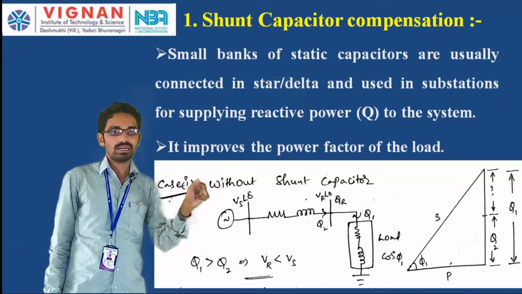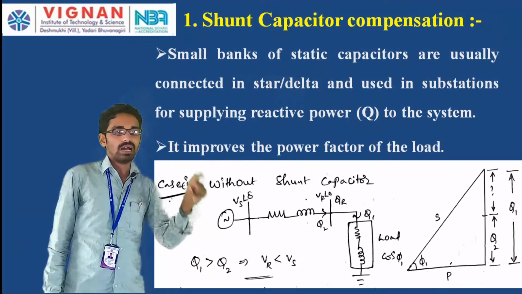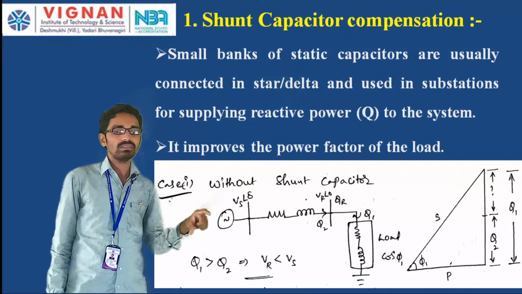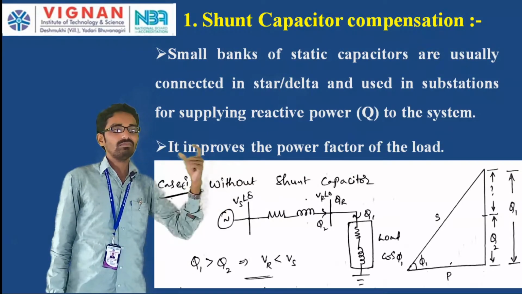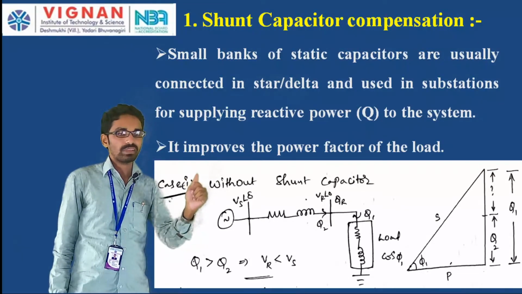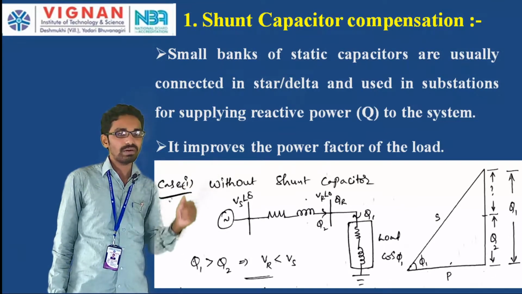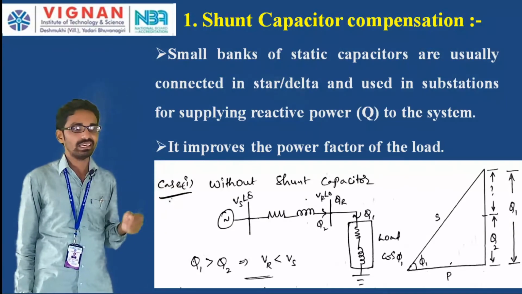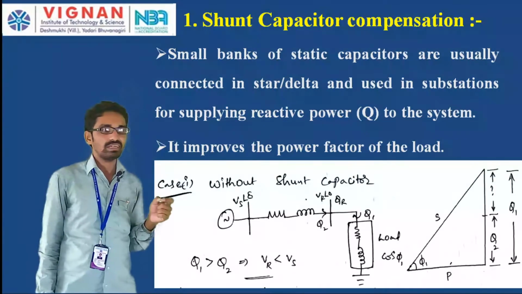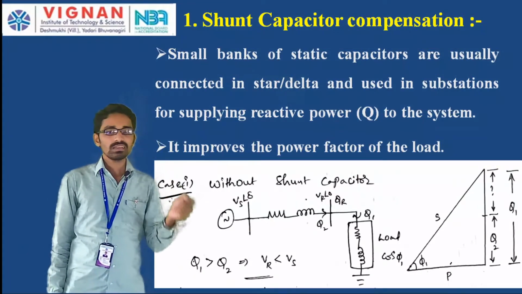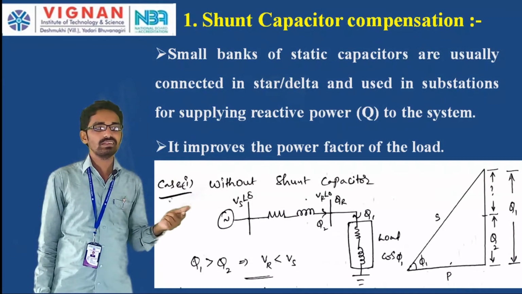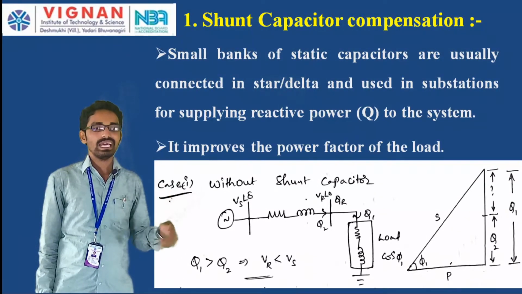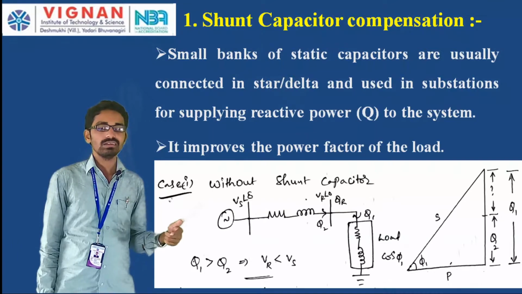Out of the 10 units of load demand, only 8 units are supplied by the generator, and the remaining 2 units will be supplied by the shunt capacitor which we connect at the receiving end. It will supply the remaining required amount of reactive power.